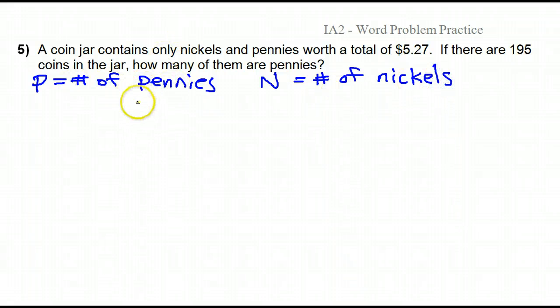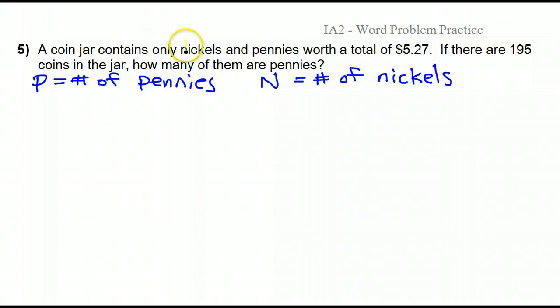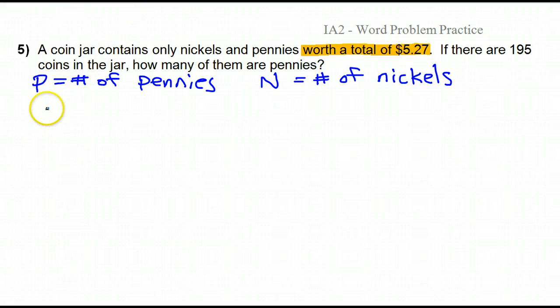Now I need 2 equations out of this. Worth a total of $5.27. So we can get our first equation from that, the value of this money. A penny is worth 1 cent, so that is 0.01.